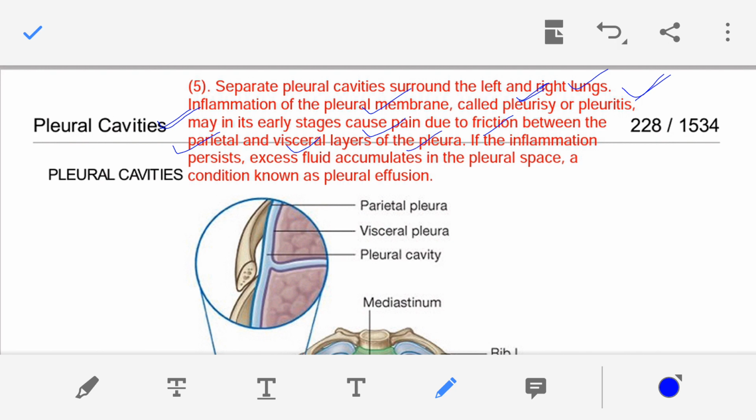Now if this inflammation is persisting, then what happens? The excess fluid which is secreted by these two pleura accumulates in the pleural space, and this condition is known as pleural effusion.